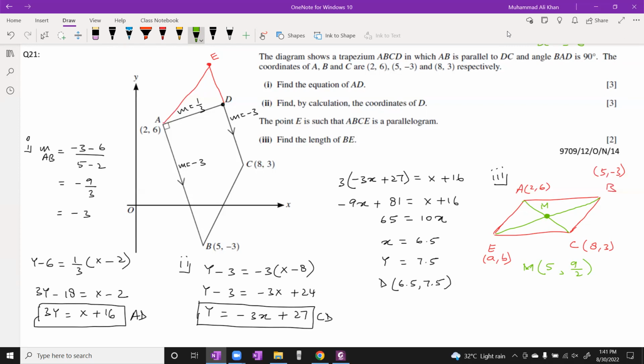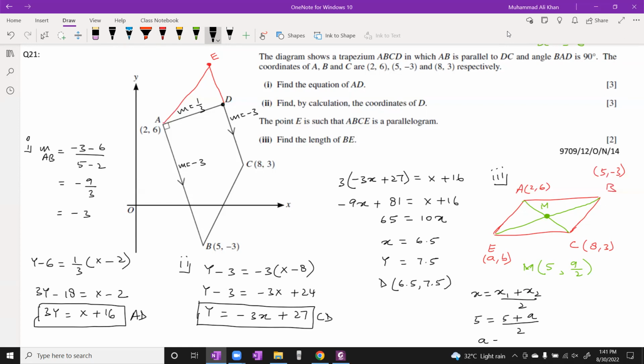If we go from B to E, by using x equals (x1 plus x2) by 2. What is the value of x? 5. What is x1? 5. What is x2? x2 is a divided by 2. 2 fives are 10.